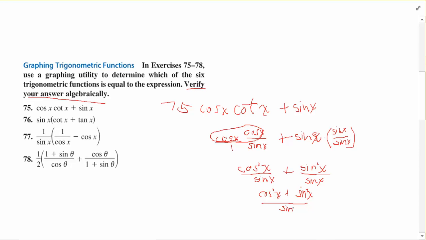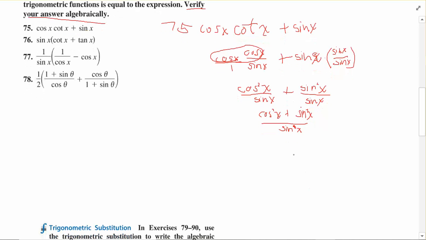Well, cosine squared plus sine squared, same thing as sine squared plus cosine squared, is 1. So I end up with 1 over sine of x. And what's 1 over sine of x equal to? Yep, cosecant x.